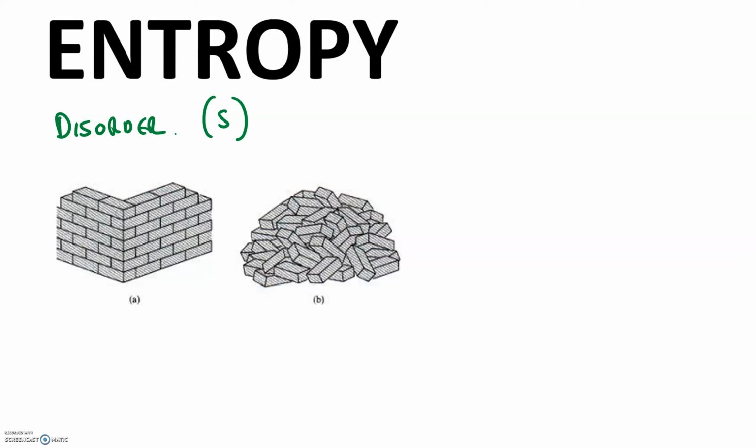And so we're going to abbreviate this delta S, meaning change in disorder, what we call entropy.